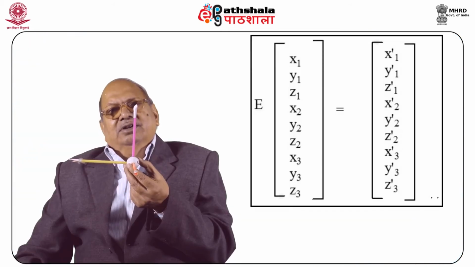So, if I generate this 9x9 matrix and then take the trace, that is the character of that matrix representation. In case of E, the trace is 9, in case of C2 the trace is -1, and in case of sigma xz and sigma yz, the trace is 1.